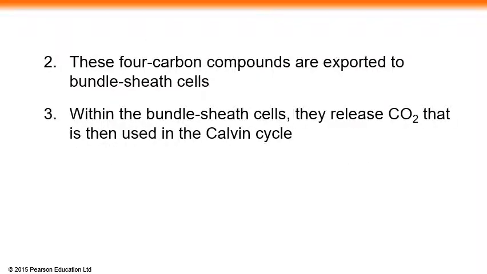These 4 carbon compounds are exported to the bundle sheath cell through the plasmodesmata. Using plasmodesmata, from one cell to another, the C4 compounds are transported through the cell wall.